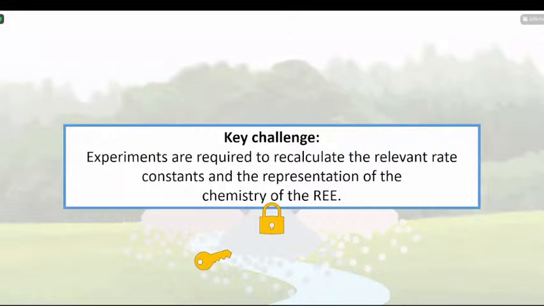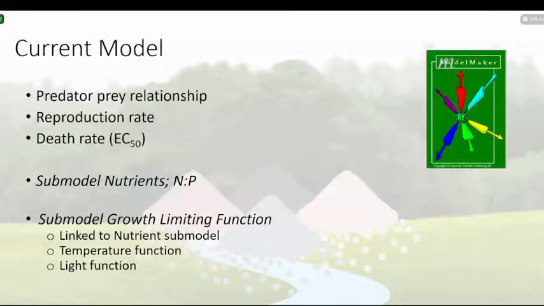There's another key challenge with my model: experiments are required to recalculate the relevant rate constants and the representation of the chemistry of the rare elements. In other words, speciation. I think from all the talks we have heard today and in previous summer schools and workshops, we know how complex that can be. So my current model contains a predator-prey relationship, the reproduction rate, and the death rate, which is EC50, for all individual species.